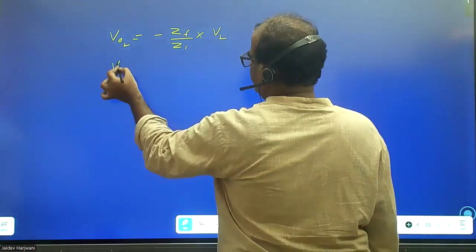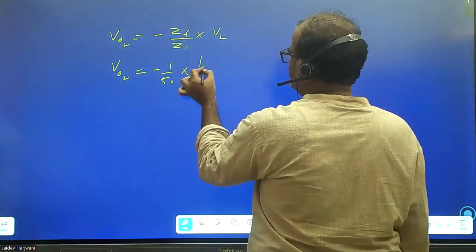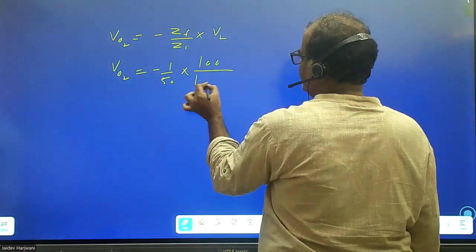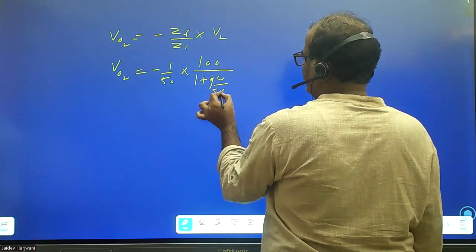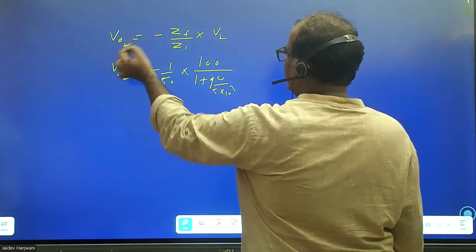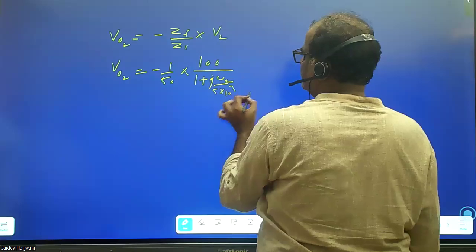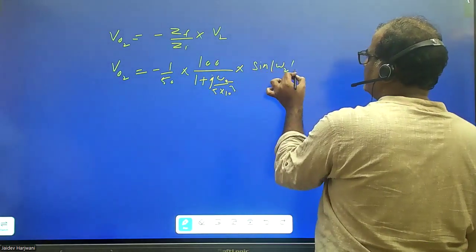So Vo2 will be minus 1 by 50 times ZF, which is 100 upon 1 plus jω into 5 times 10 raised to power 3. And now I'm using the second frequency, second part. So this will become ω2, and this is your sin ω2t.